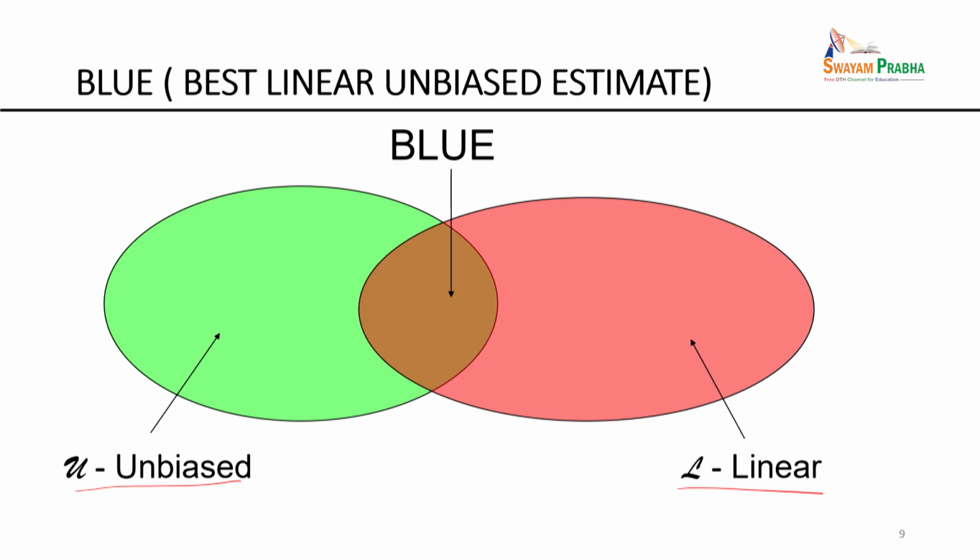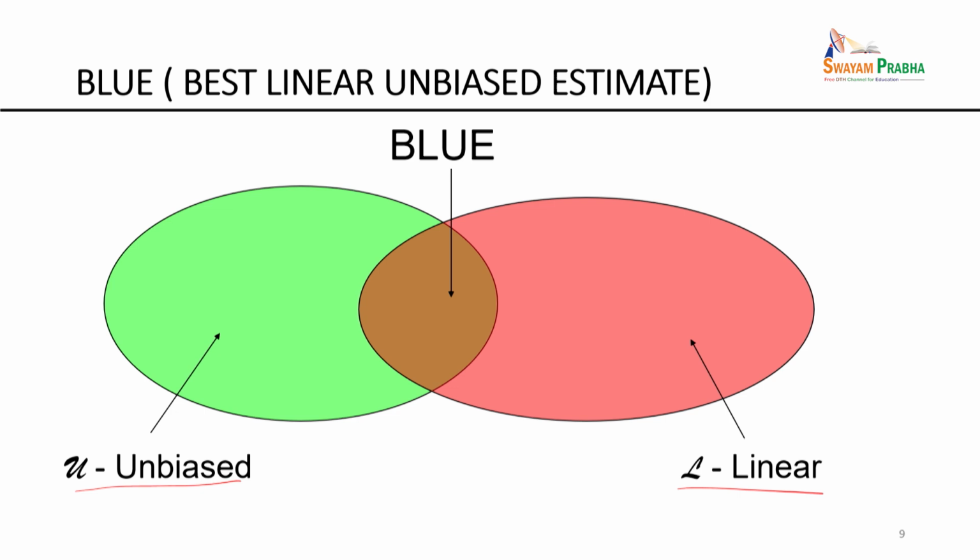We have already shown that the least square estimate is linear and unbiased. We computed the variance. Now we are going to prove another property. It is best in the sense that the variance of the least square estimate is less than the variance of any other linear unbiased estimate. So look at this now.